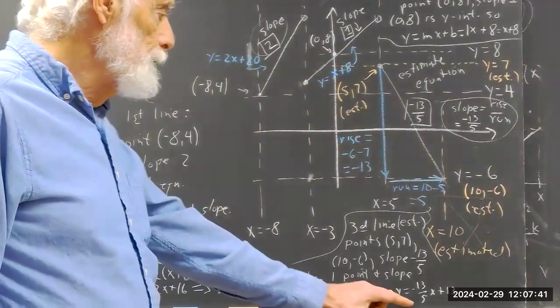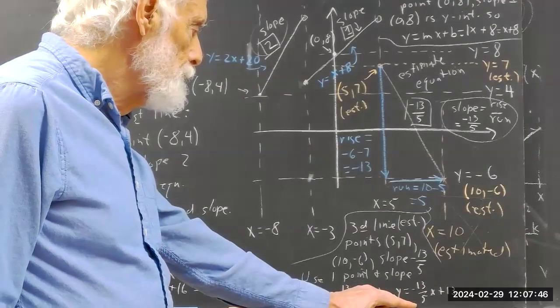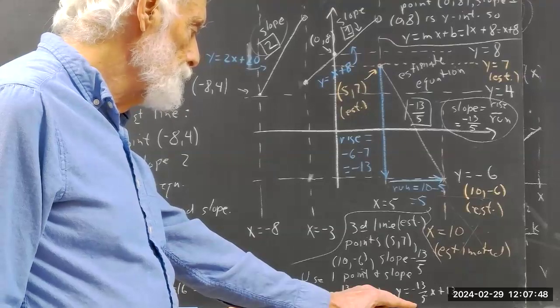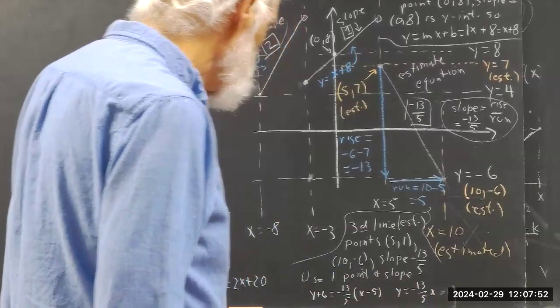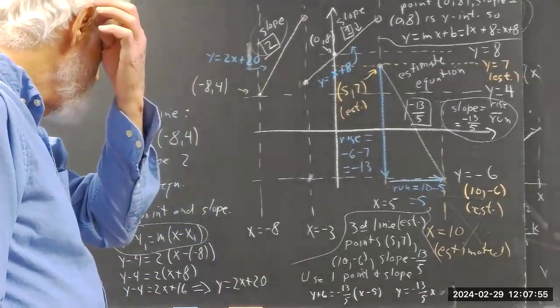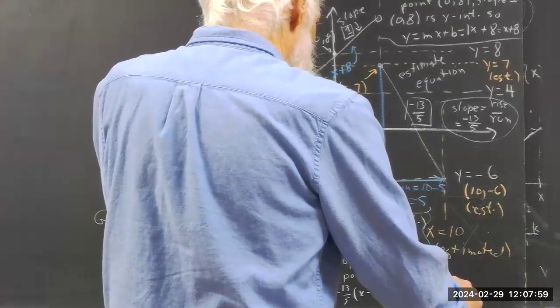So that if x is 5, you get -13 plus 13, and it isn't 13. I don't know what I was doing with it. It's -13 plus 6, it's -7.